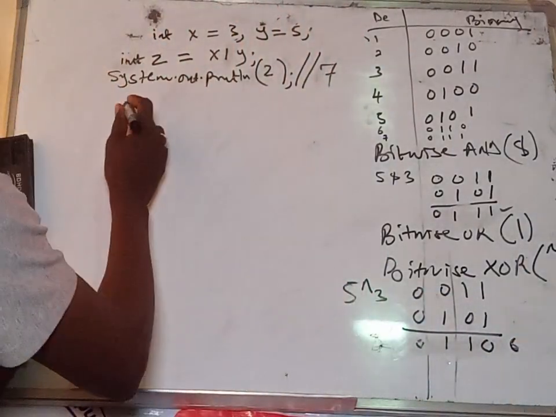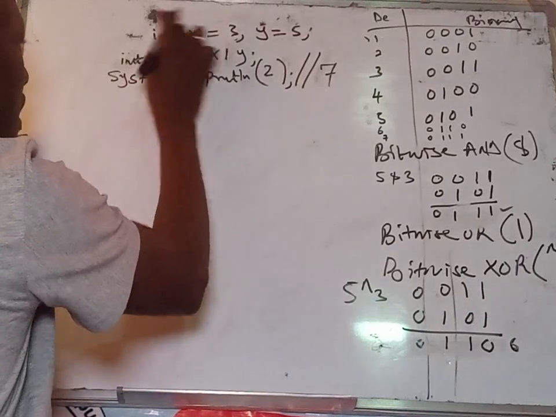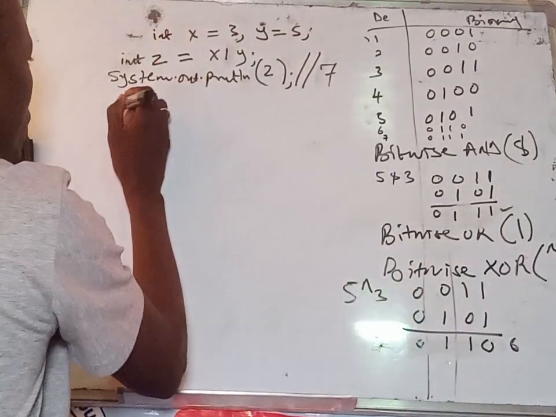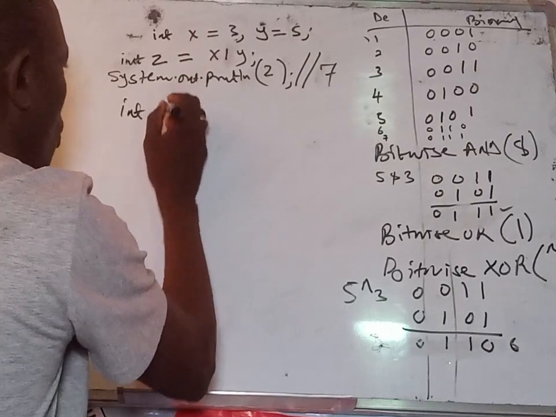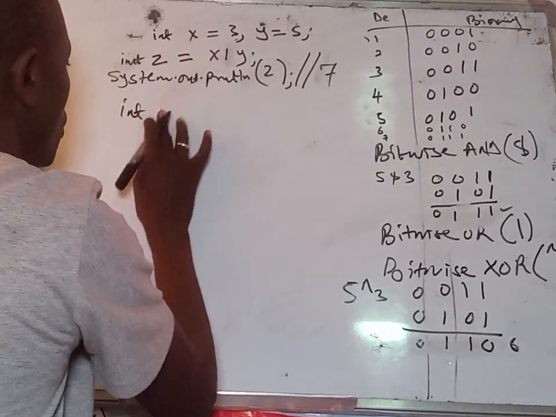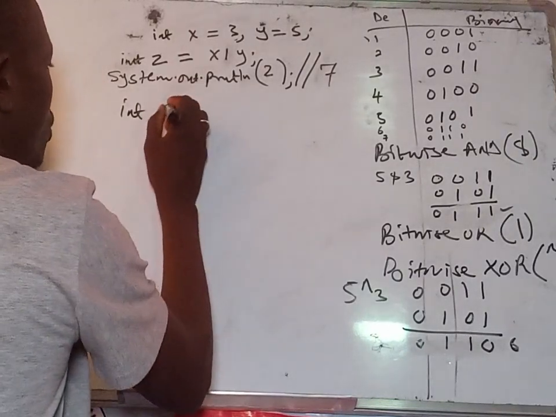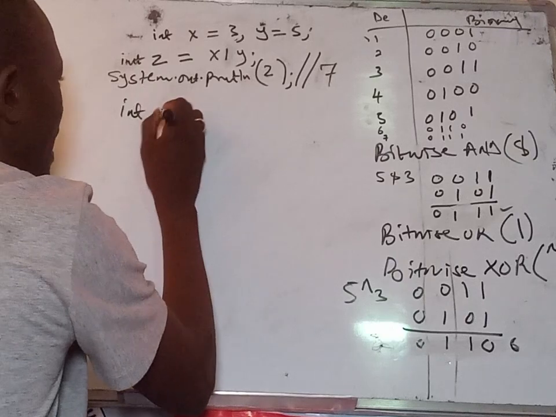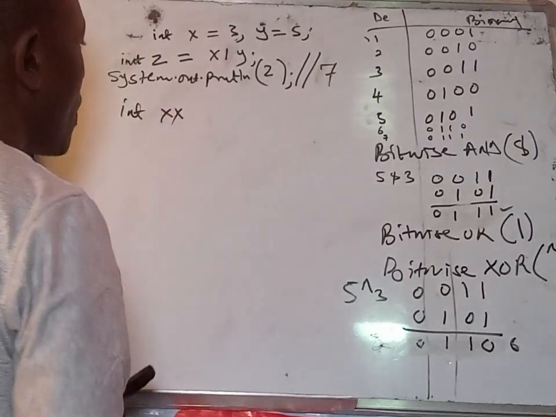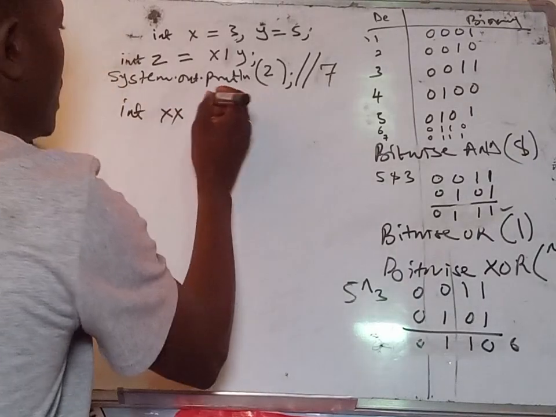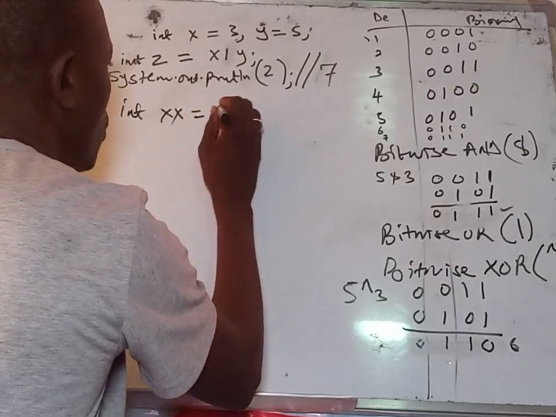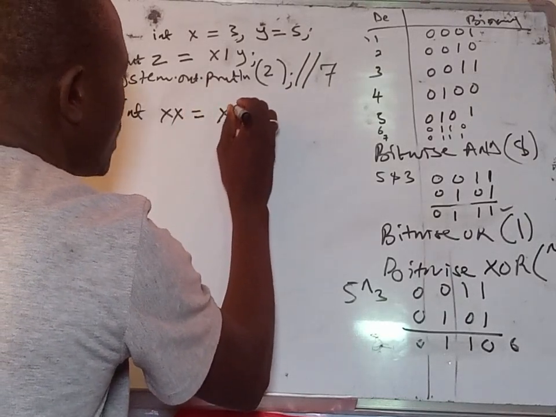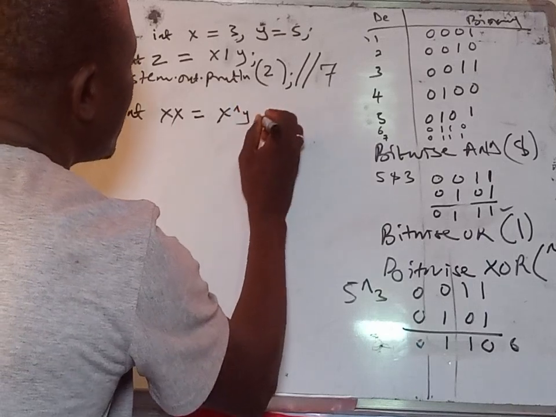If you have declared your ints, assume you declared another variable for the exclusive OR result. Let's just use x as our new variable. We assign x the value of x exclusive OR y.